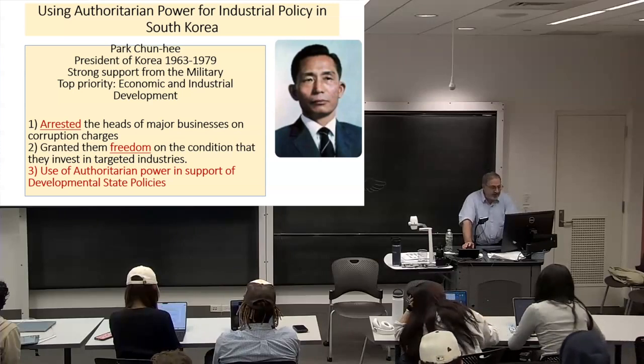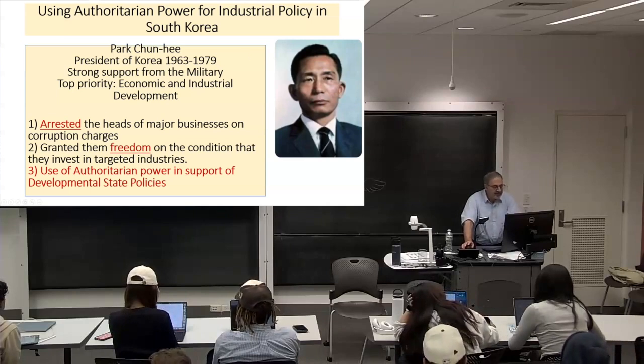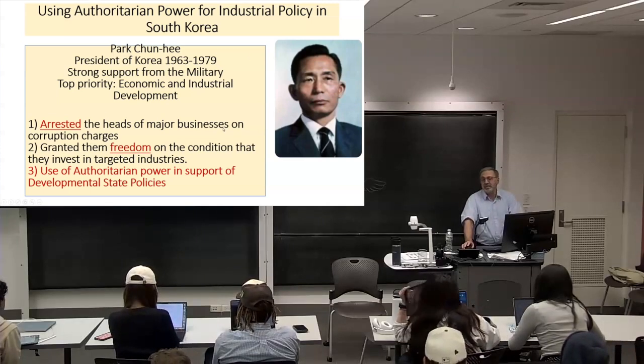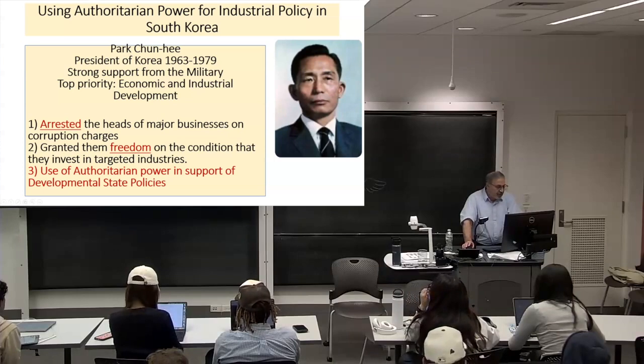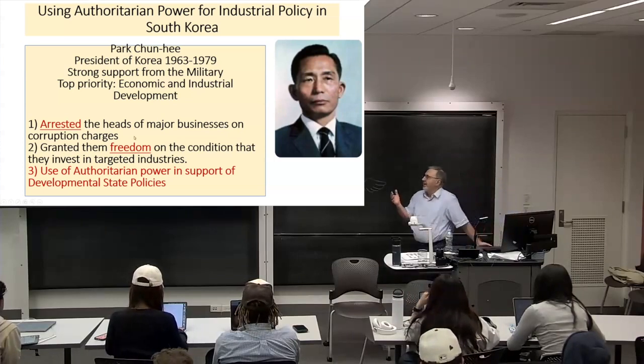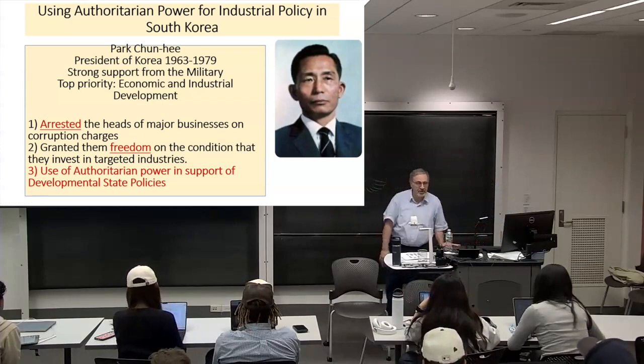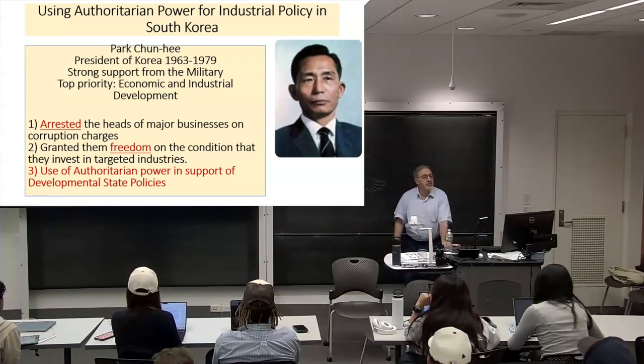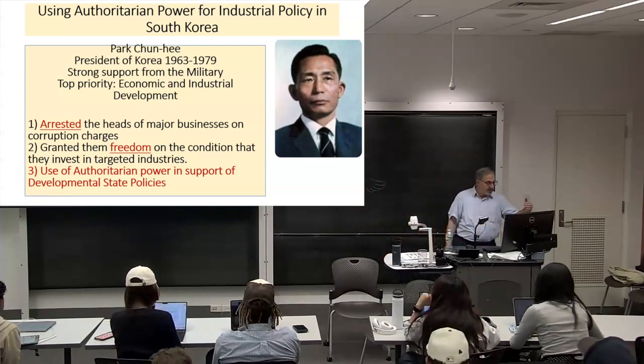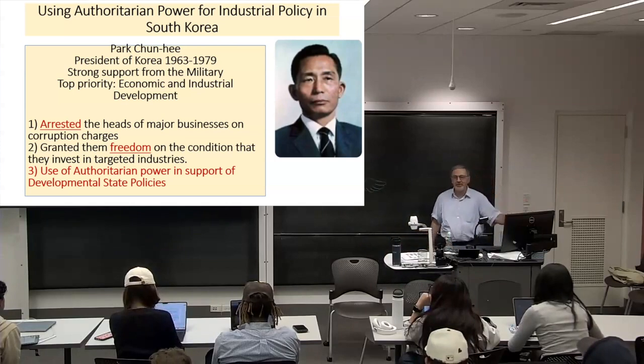An example of things that he did when he came to power. He arrested the heads of some of the major businesses in Korea, charged them with corruption. Governments can always find things to charge someone with corruption, especially when you are a leader of a major industry. And then he said, this is the important key fact.